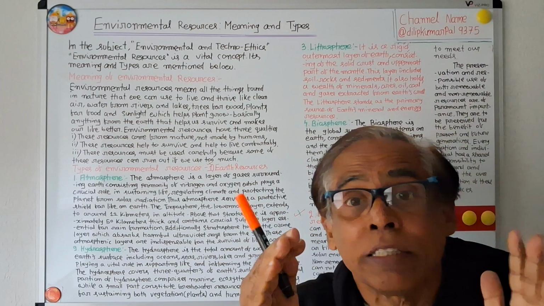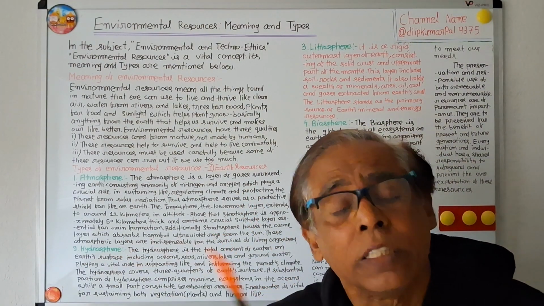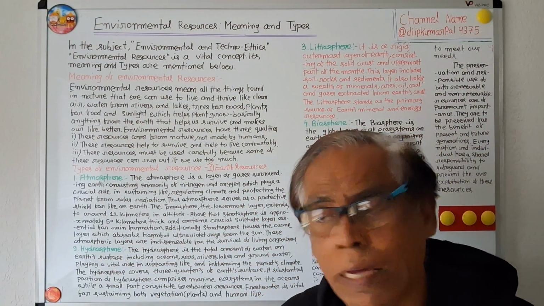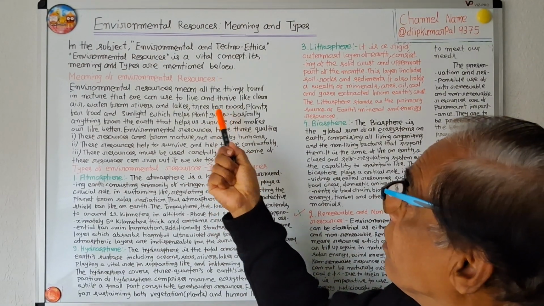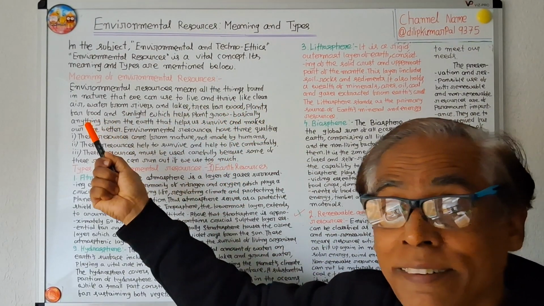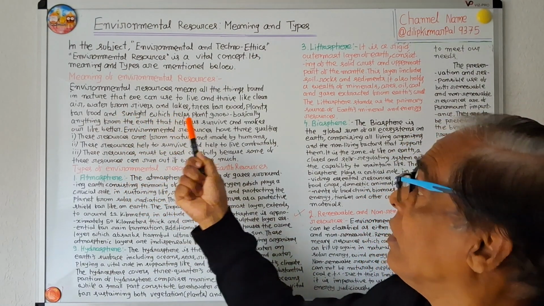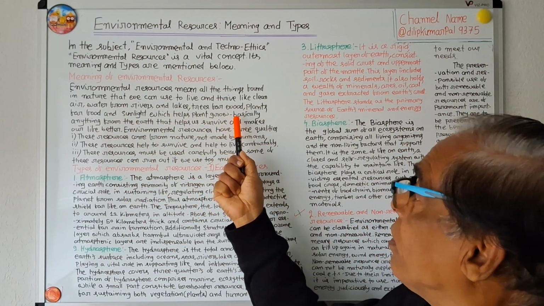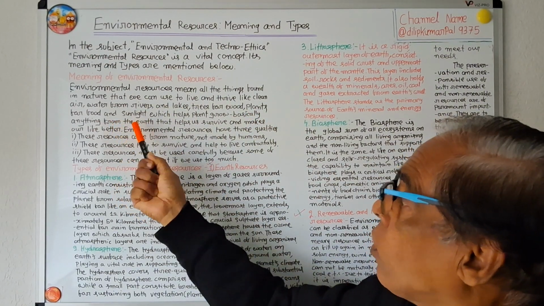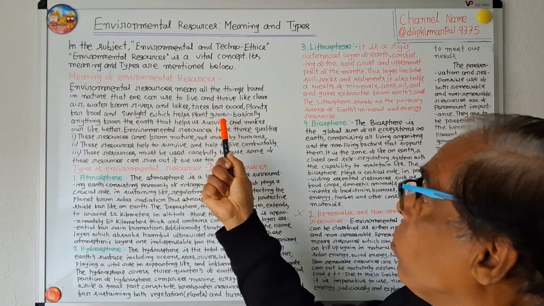And these environmental resources are very much essential for people, like clean air, water from rivers and lakes, trees for wood, plants for food, sunlight which helps plants grow.